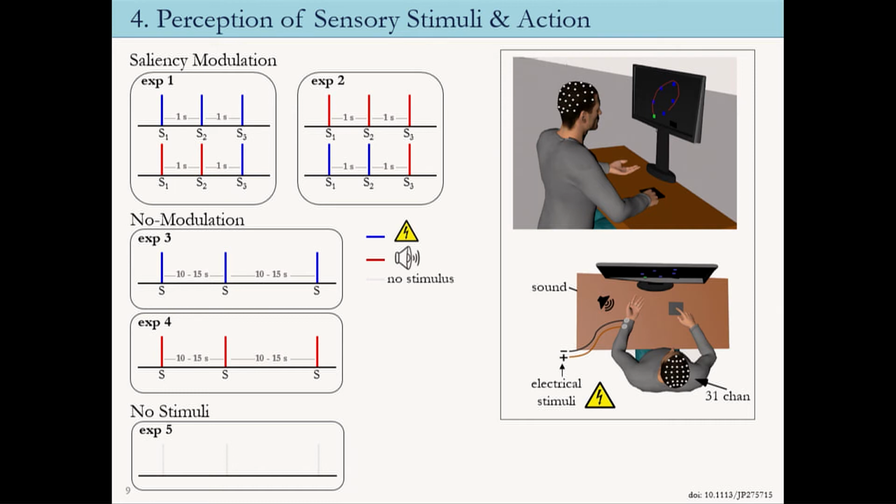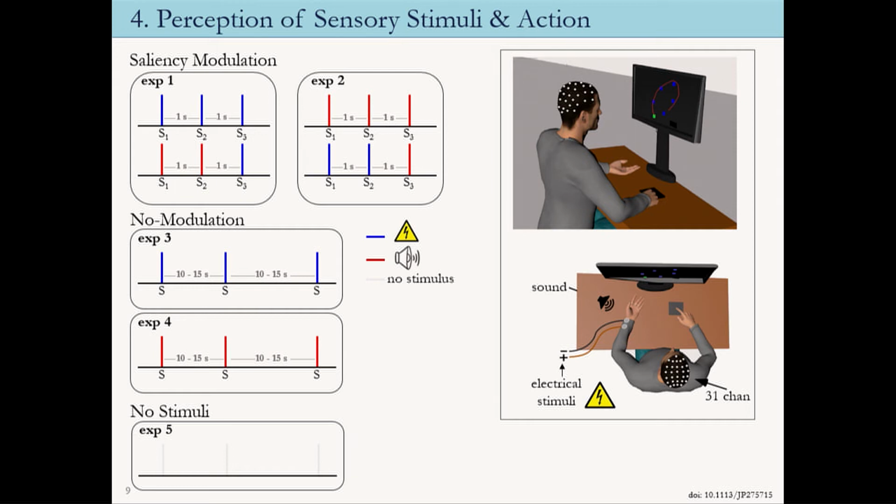So it was like sound, sound, sound, or somatosensory, like electrical stimulus. So in the condition where the stimuli were presented within the same context, it was again a repetition of the same stimulus.